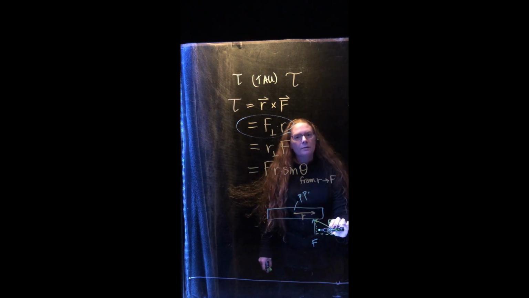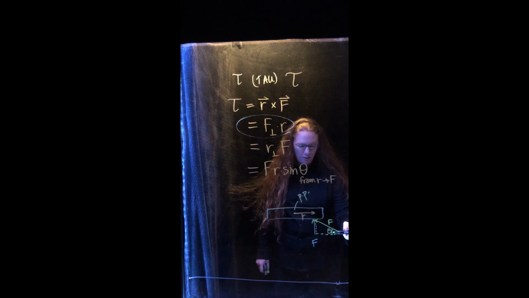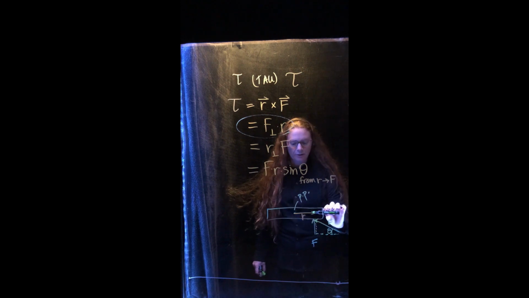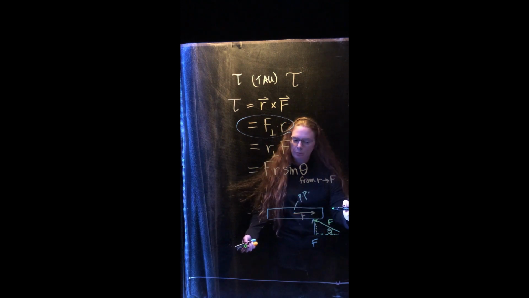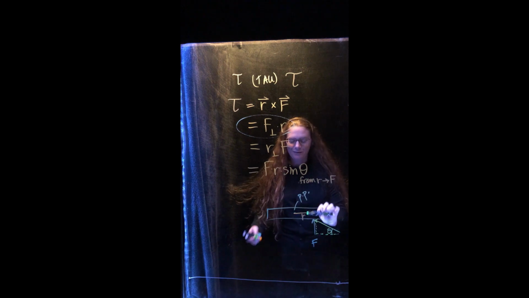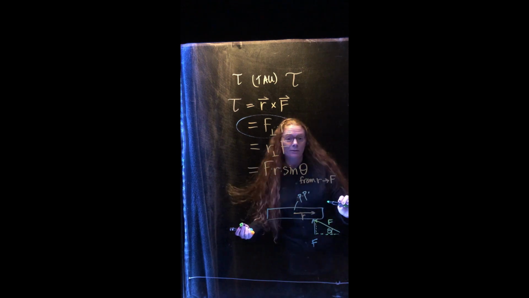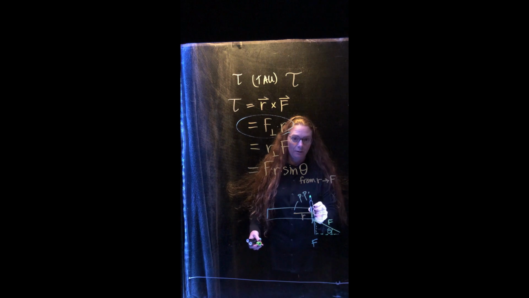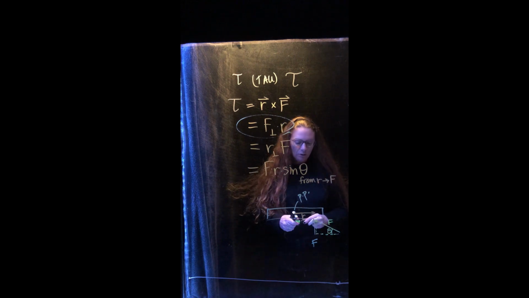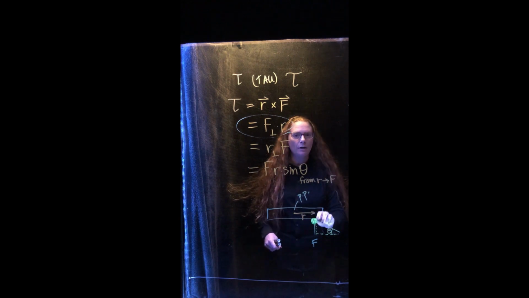Which component causes a torque? Well, the horizontal component of this force is effectively pushing on the ruler in this direction. We already know that pushing on the ruler in this direction doesn't cause a rotation, doesn't cause a torque. This direction definitely does. So it's that sine component of the force that causes torque.